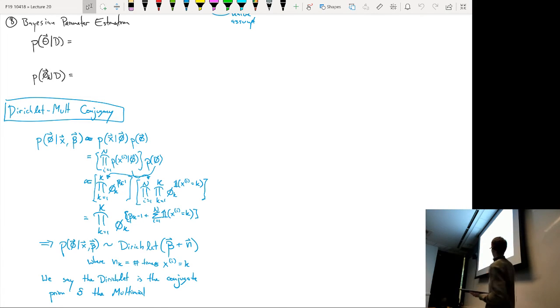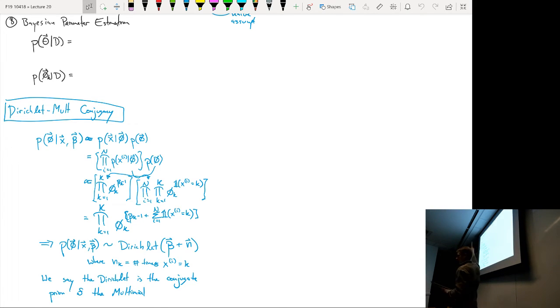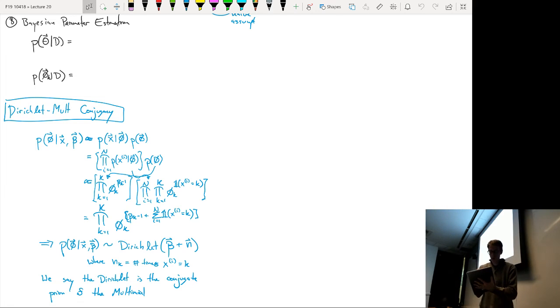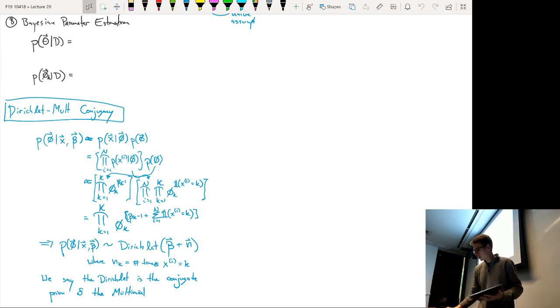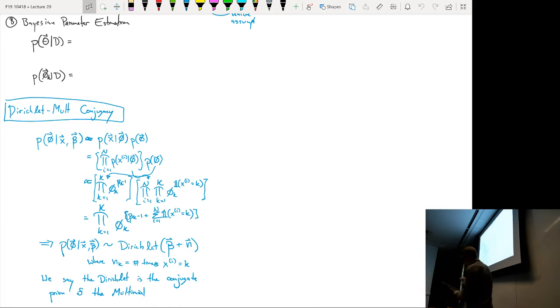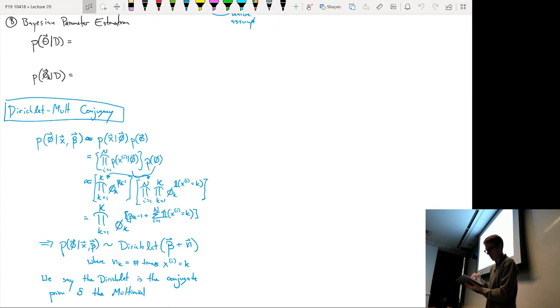Okay, so now let's go back to Bayesian parameter estimation. We said Bayesian parameter estimation is going to tell us that this distribution, P of theta given D, is actually given by a Dirichlet distribution.